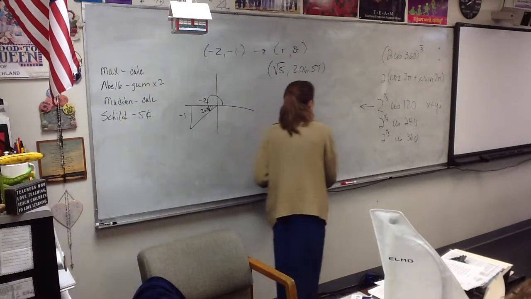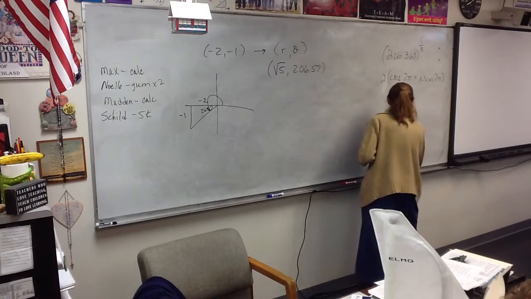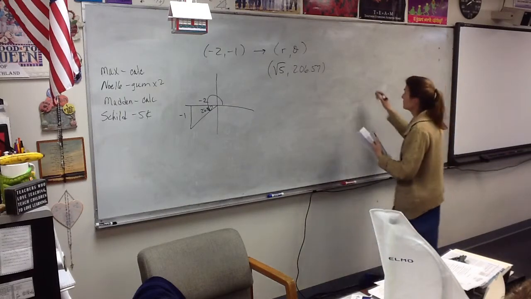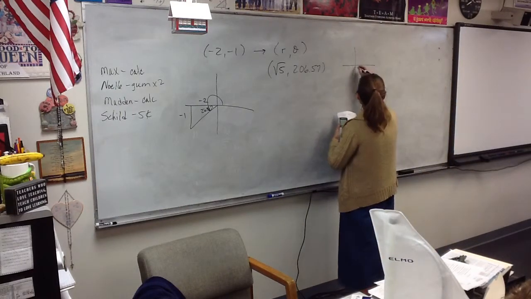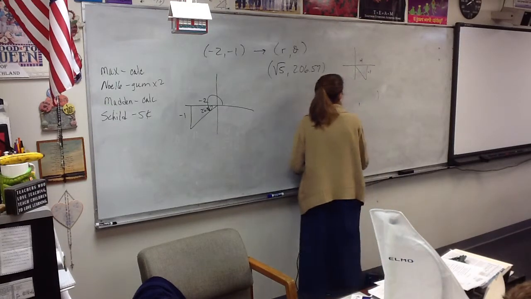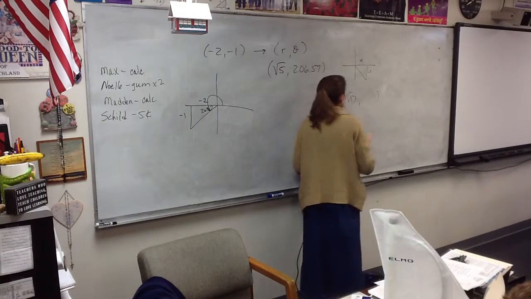Now we're going to do the next one exactly the same way. We are not going to be confused. We're going to draw a picture of 4, -1. What's my radius? Square root of 17.